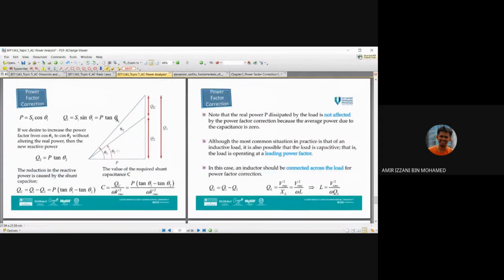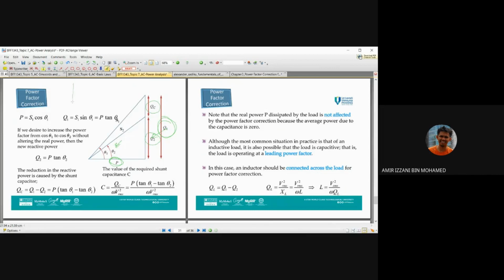We can imagine it in this triangle. This is the real power, the real work, and Q1 is the original reactive power. We want to reduce it from Q1 to Q2. How to reduce it? We need to add a capacitor so that it can compensate or reduce the value of Q, so that you can reduce theta.